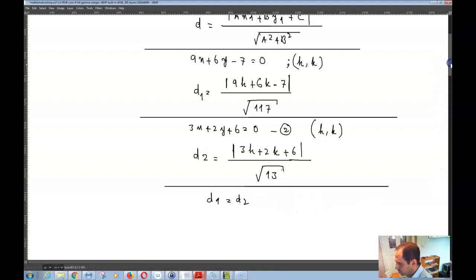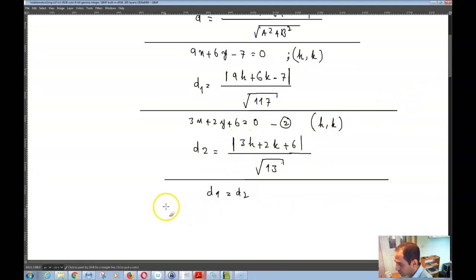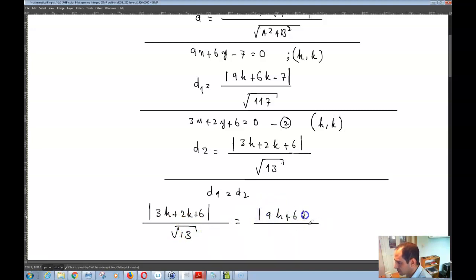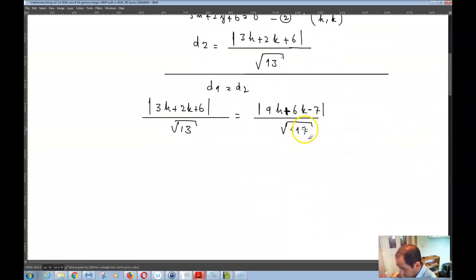And if d1 is equal to d2, then the absolute value of 3h plus 2k plus 6 over the square root of 13 is the same thing as the absolute value of 9h plus 6k minus 7 over the square root of 117.